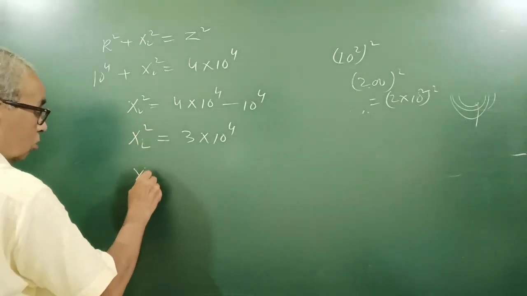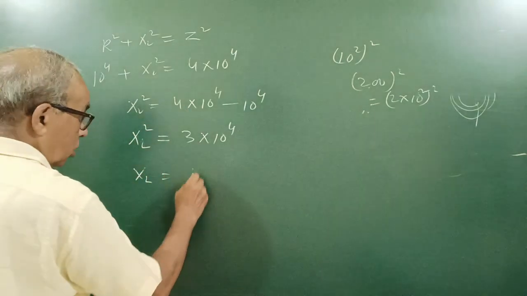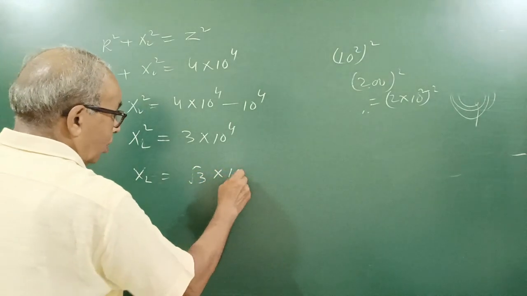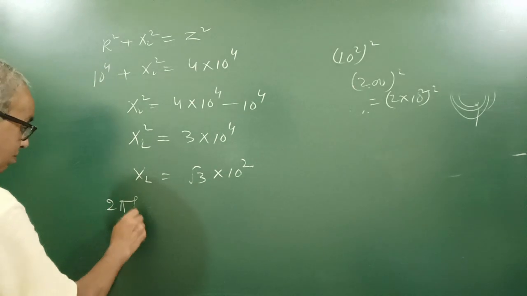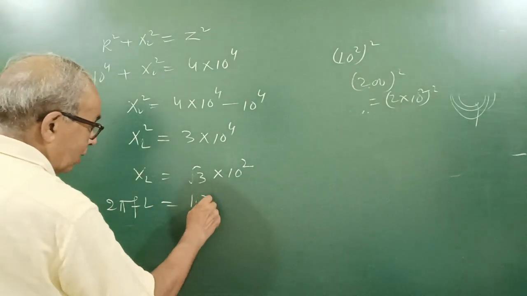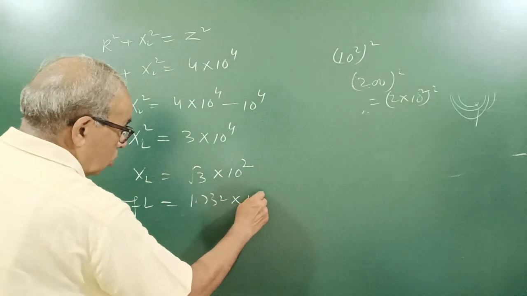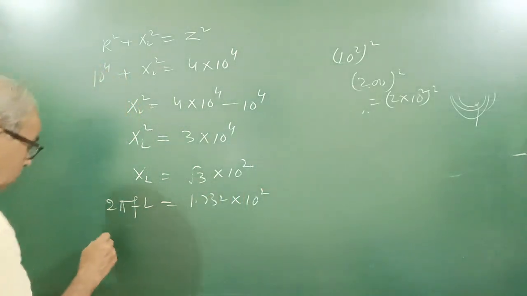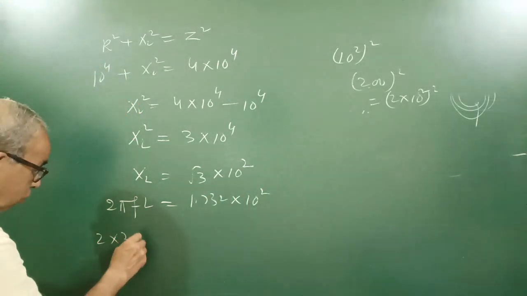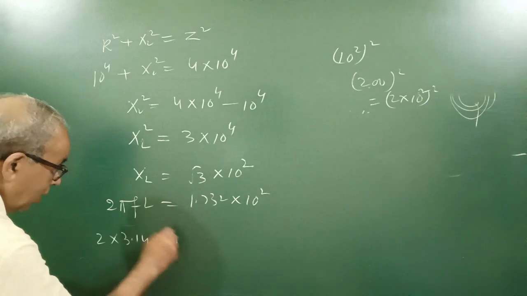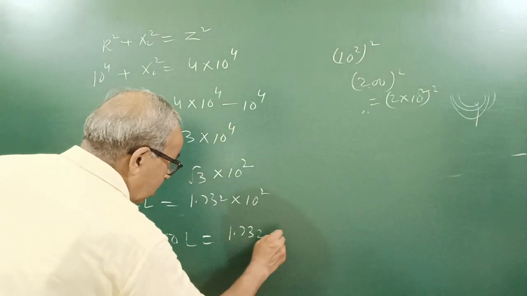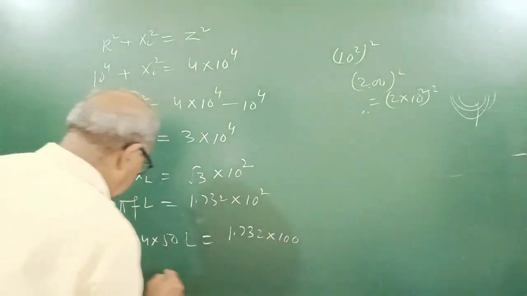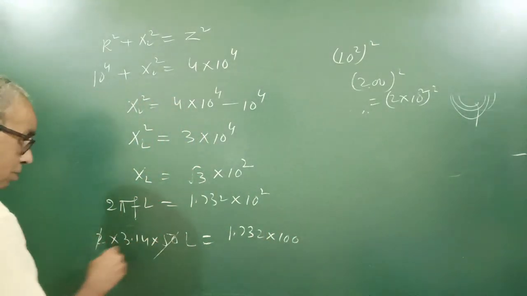So XL equal to root 3 into 10 to the power 2, or XL is 2 pi FL, root 3 is 1.732 into 10 to the power 2, that is 200. 2 into 3.14 into 50, F is 50, L is equal to 1.732 into 10 to the power 2. 2 pi F is about 100.